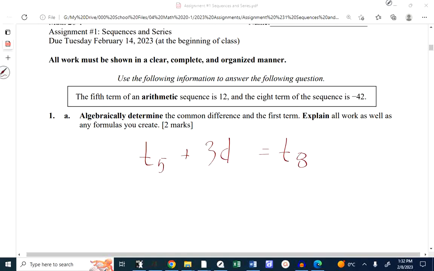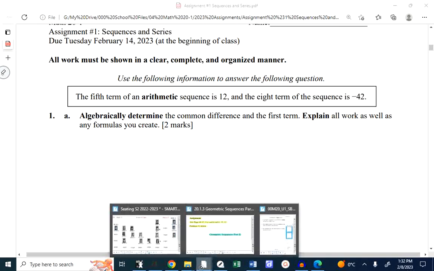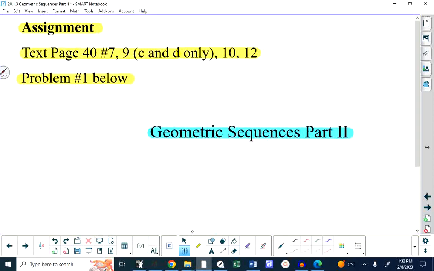All work needs to be shown at all times. That means if you're rearranging an equation, I need to see the steps in rearranging it. I want to make sure that there are no surprises here. If you end up at some point trying to solve this equation, I know and you know that it's very easy to solve that.